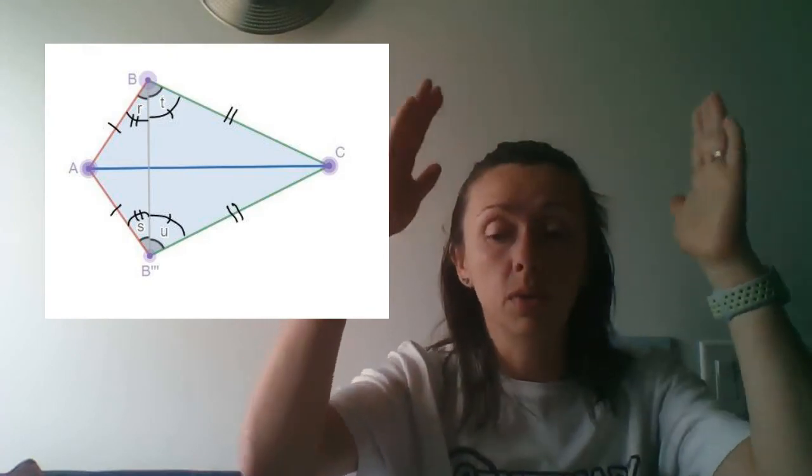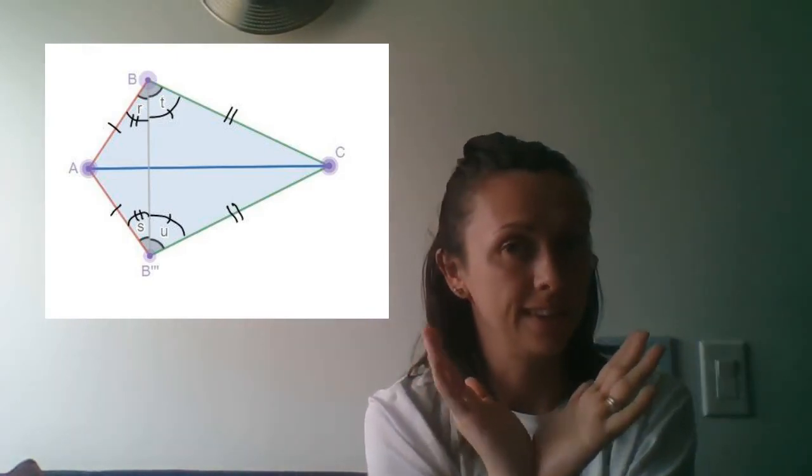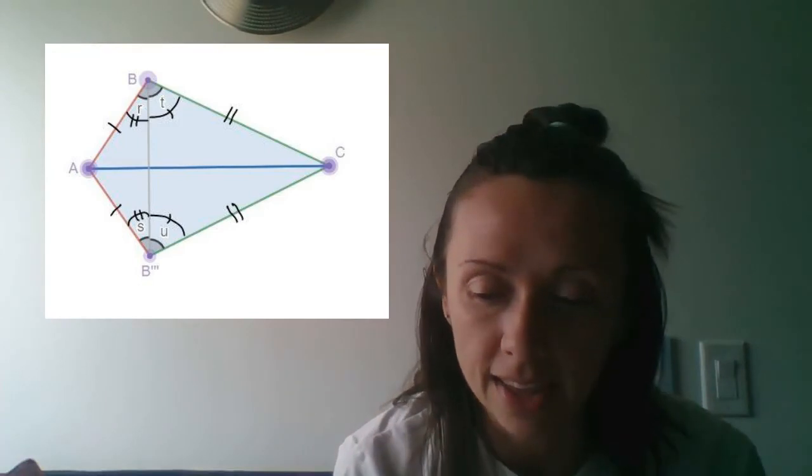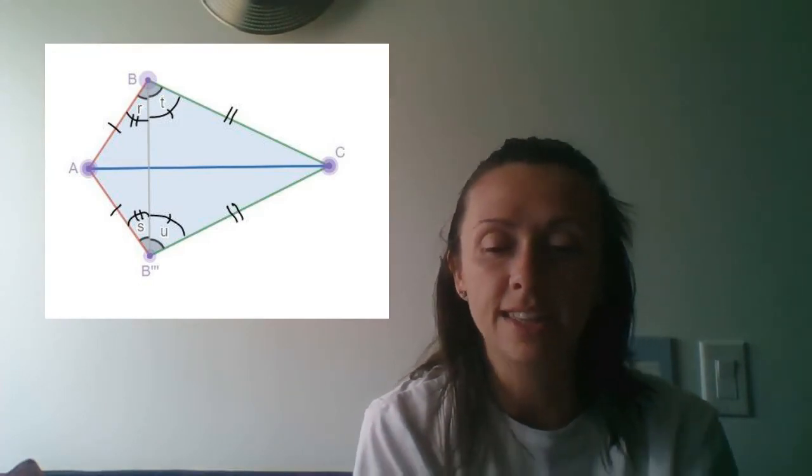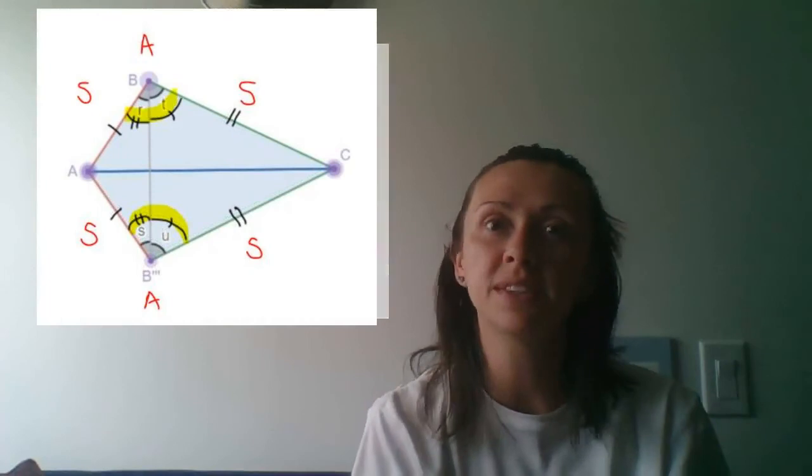ABC is equal to AB prime C. Then we can say that the two triangles are congruent by side-angle-side.